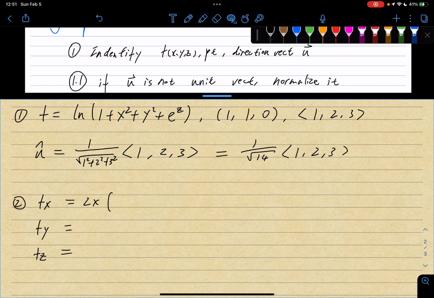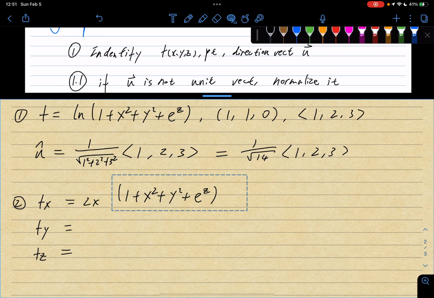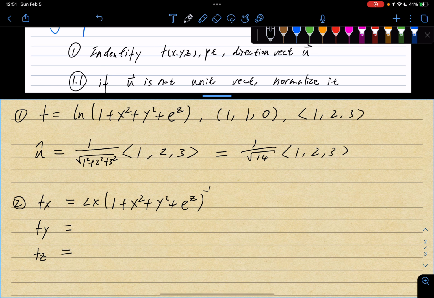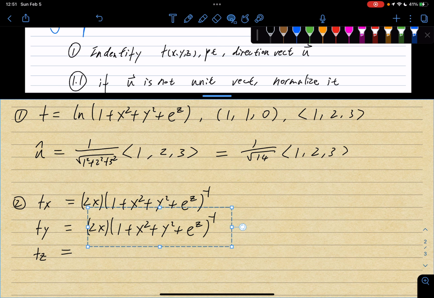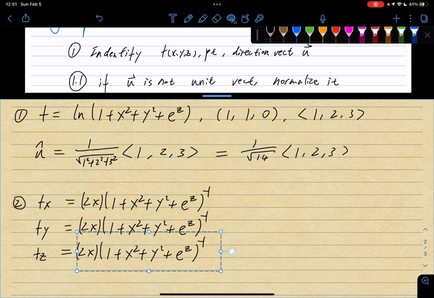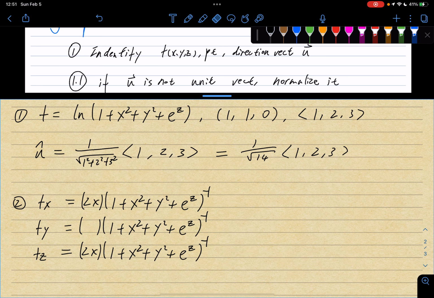We're just going to do the power rule first, the derivative of the natural log, which gives the reciprocal of the inside, and then we're going to include the chain rule, and everything is the same except the chain rule part. So we're going to have 2y, and then e to the z power.